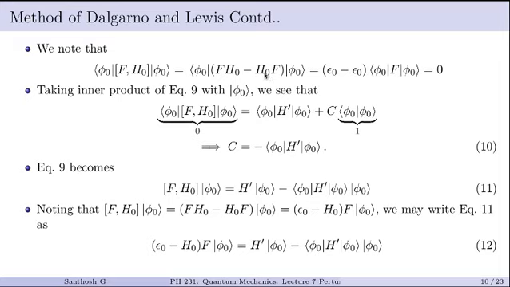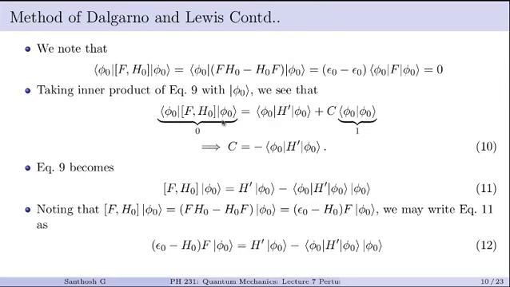Now consider the second term. We have the bra phi 0, then h0 f phi 0. Now bra phi 0 h0 is epsilon 0 bra phi 0, and therefore the second term becomes epsilon 0 inner product of phi 0 with f phi 0. So epsilon 0 minus epsilon 0 is 0, and we have the left hand side equal to 0.